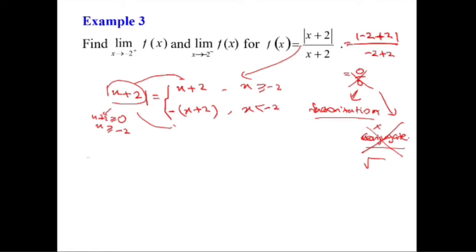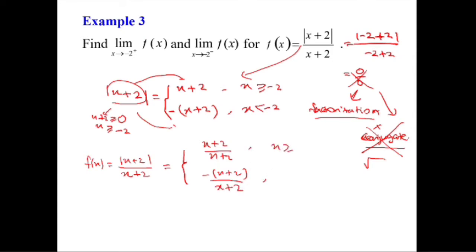After that, since our function f(x) is not just the absolute of x plus 2, it is the absolute of x plus 2 over x plus 2, we have to divide each of these by x plus 2. Copy the same functions and then just divide by x plus 2. The domain will stay the same.